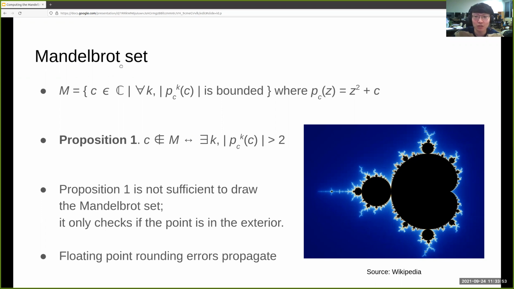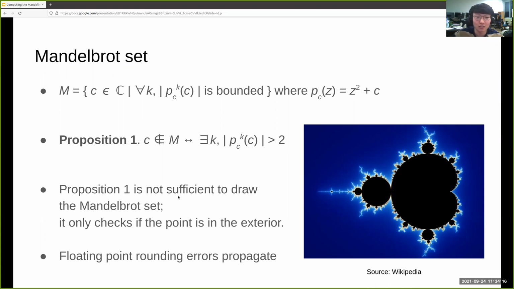With this proposition, we can draw a figure of the Mandelbrot set, as shown on the right. However, this proposition is not sufficient to draw the set because it only checks if the point is in the exterior, or the complement, of the Mandelbrot set.